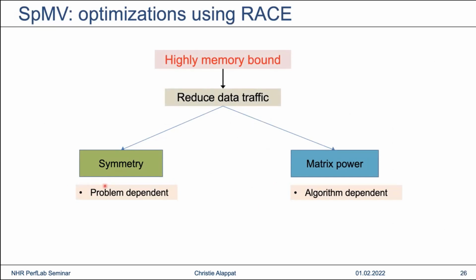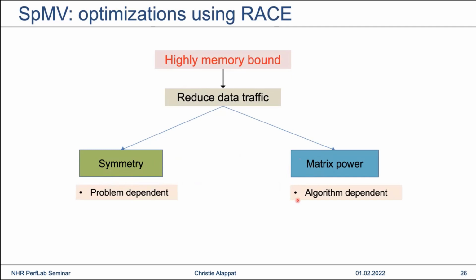That means the matrix has to be symmetric, that is, it has to satisfy A is equal to A transpose. However, the matrix power need not have this requirement. So it need not be that A is equal to A transpose. However, it's dependent on the algorithm, so not all algorithms can use matrix power. On the other hand, with symmetry, you can use it in all algorithms.